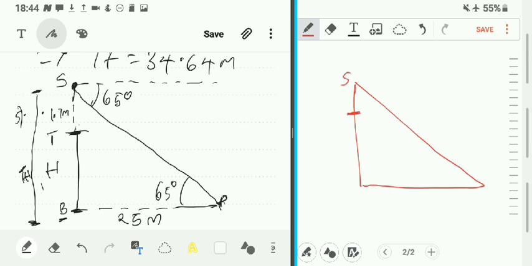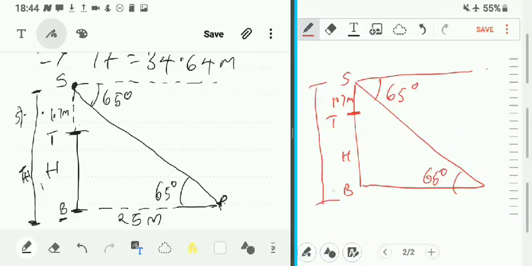This is the student here. This is the horizontal line of sight, 65 degrees. I think I only need the relevant things here: 65 degrees, 1.7 meters here. This is the top. This is the base. This is what we're looking for. This is the total height, TH.